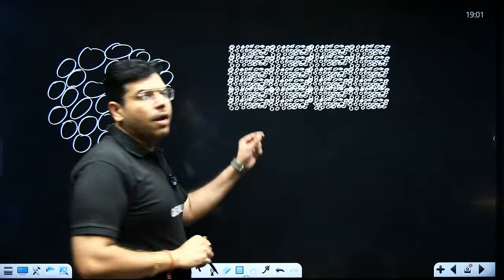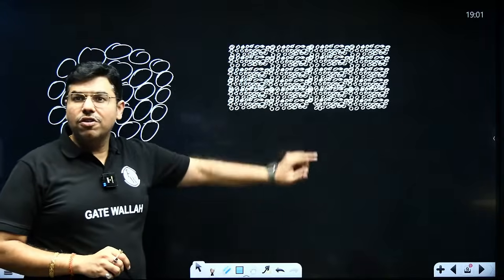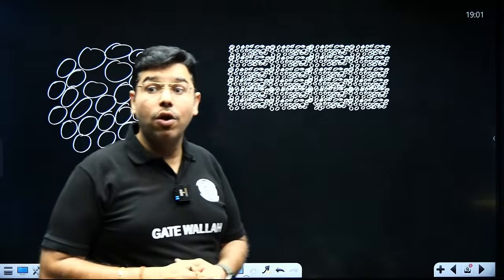So you can see the individual void sizes are very small, but overall the void volume will be more.